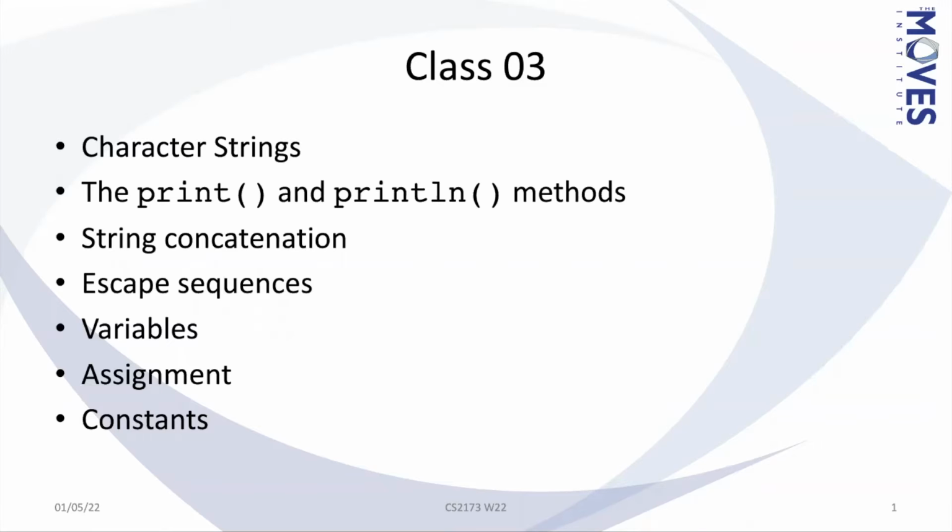Okay, so today and tomorrow, we're going to be looking at chapter 2. And today we're going to be talking about character strings, the print and print line methods. And one of the things in particular to pay attention to is how it's all used with objects. So, Java is a nearly pure object-oriented language.